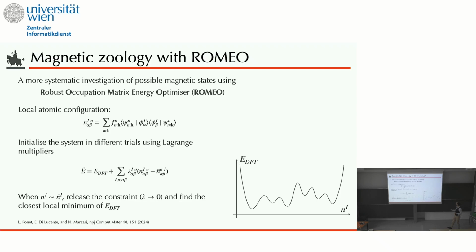And so the idea is that in this complex space of density matrices, we will have this complicated energy landscape, and we just constrain the density matrix, and then at some point we release the constraint, and we look for the closest local minimum. So it's a similar figure as before, but now with the full density matrix instead of just a magnetic moment.